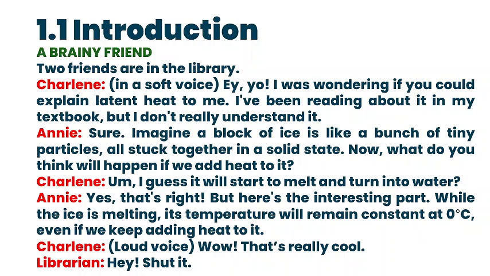Charlene: I guess it will start to melt and turn into water. Annie: Yes, that's right. But here's the interesting part. While the ice is melting, its temperature will remain constant at 0 degrees Celsius, even if we keep adding heat to it. Charlene, in a loud voice: Wow, that's really cool. And the librarian comes in: Hey, shut it.